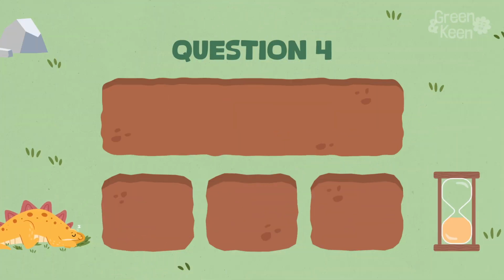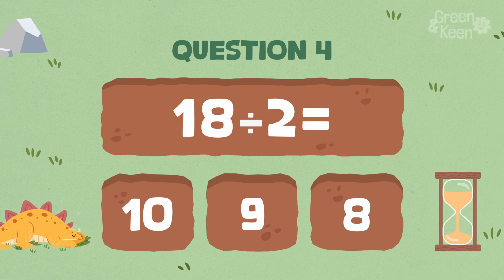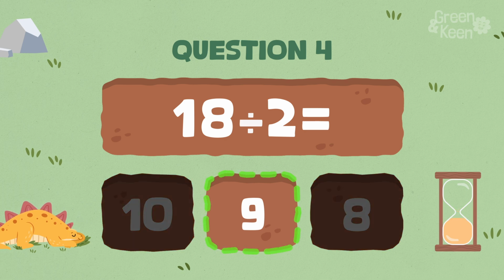Question number 4. 18 divided by 2 equals... The answer is 9.